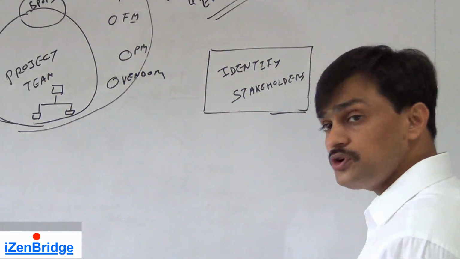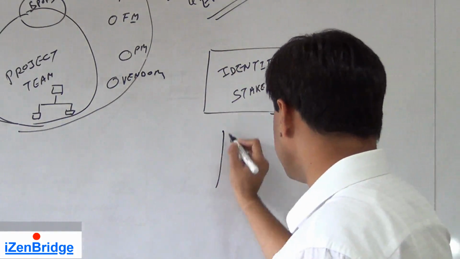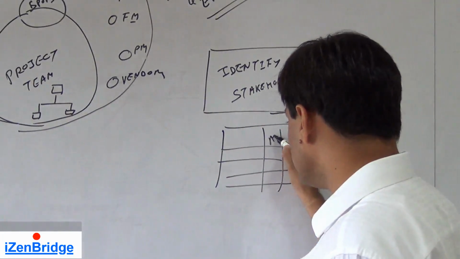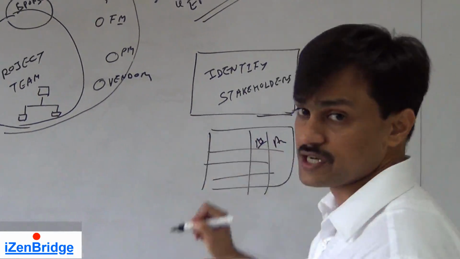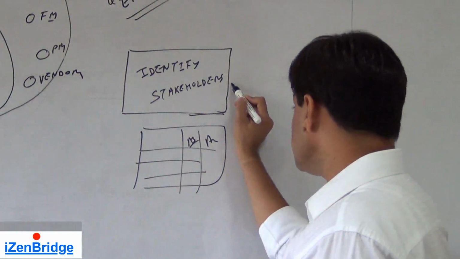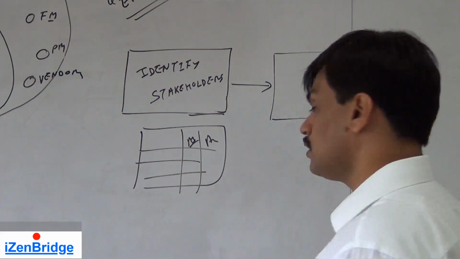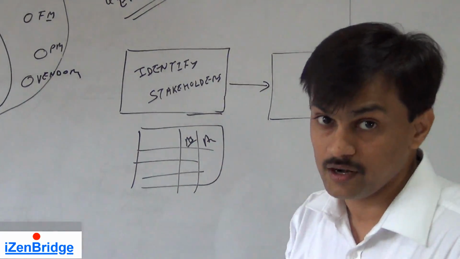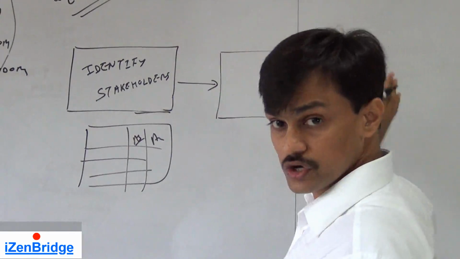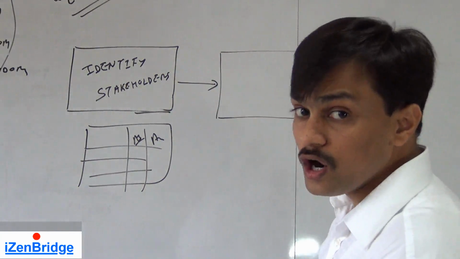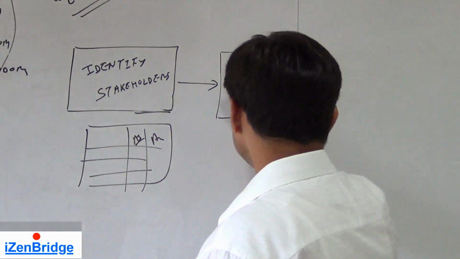As an output of this particular process, we would get a list of people and some assessment of their interest, their influence, etc. Once we get this list, we need to make a plan for engaging stakeholders. So we need to perform a process which is called plan stakeholder management.